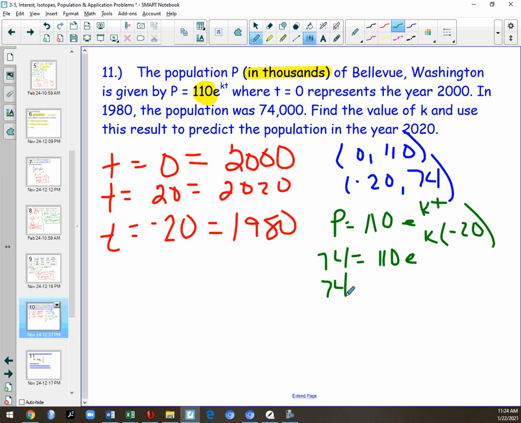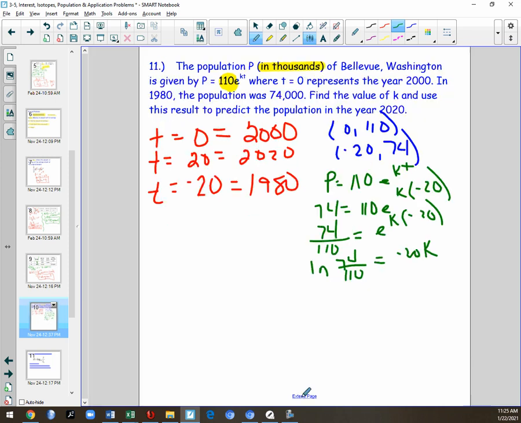So 74 divided by 110 is equal to e to the k times negative 20. Now I'm going to take the natural log of this, which is just a number, equals negative 20k. Then I'm going to take that value and divide it by negative 20.